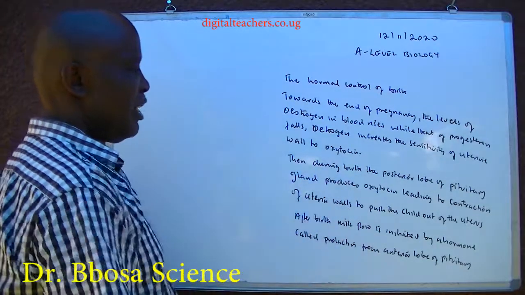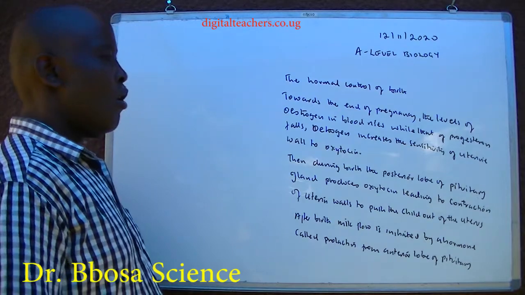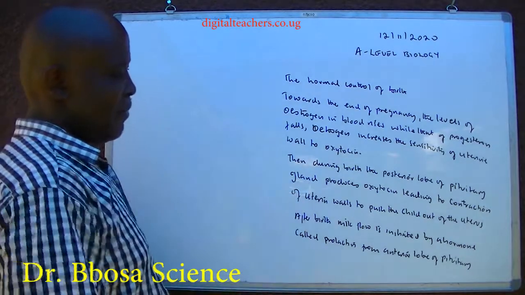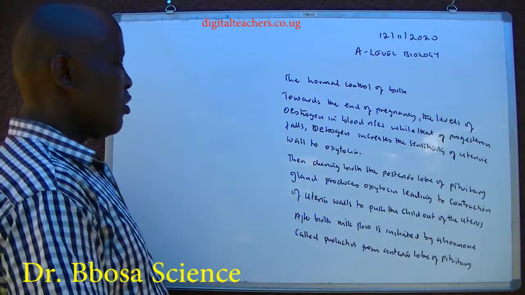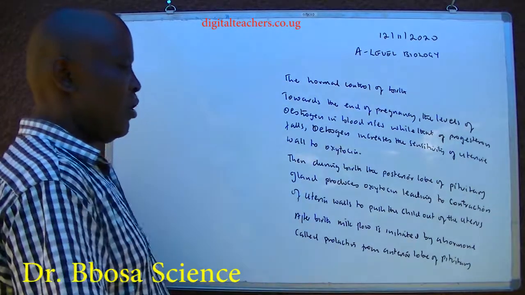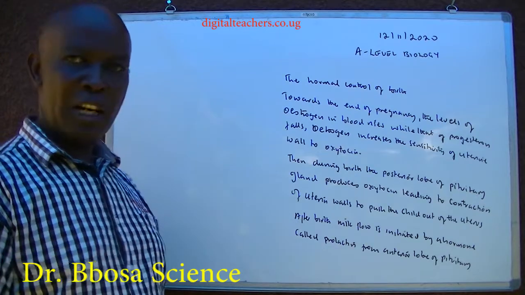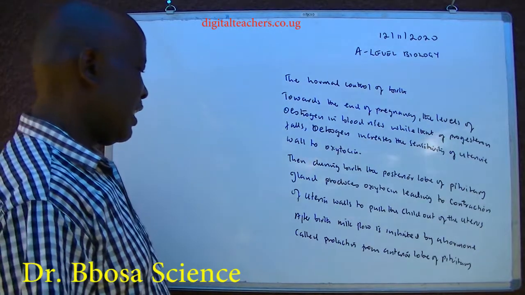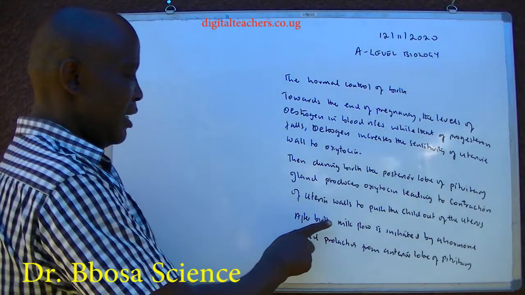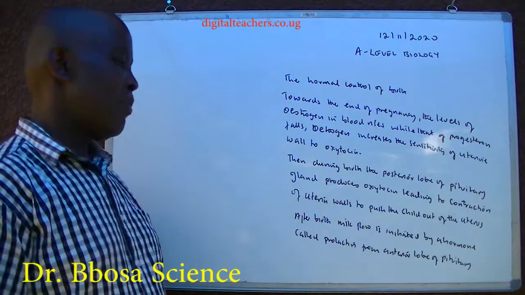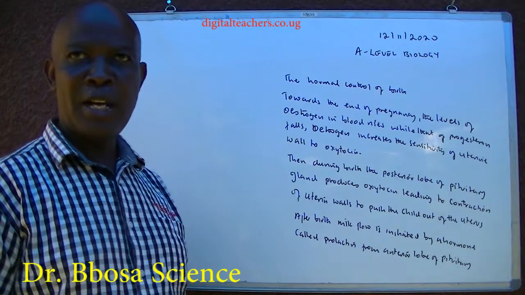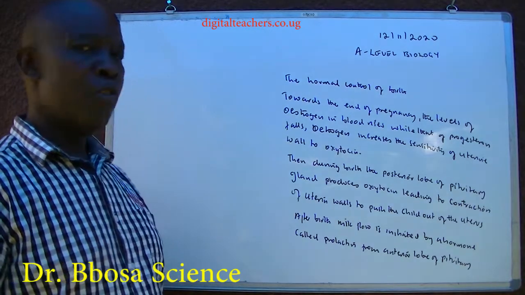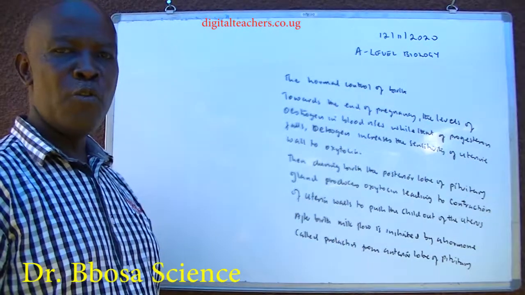Then during birth, the posterior lobe of pituitary gland produces oxytocin, leading to contraction of uterine walls to push the child out of the uterus. After birth, milk production is initiated by a hormone prolactin from anterior lobe of the pituitary.